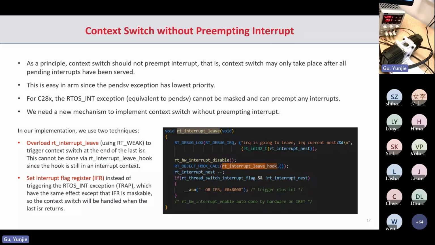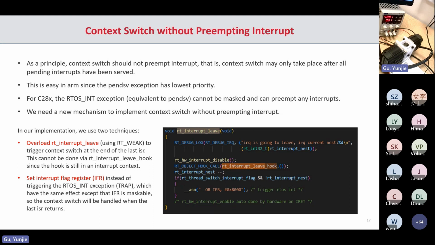For mainstream devices, say ARM, this is very simple because the exception that handles the context switch has the lowest priority. That means even if you trigger this exception, it will not be handled until all the interrupts have been served. This means the thread will never preempt the interrupt.